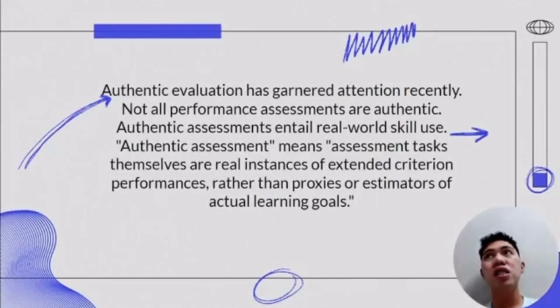It is not just about what you have learned in that lesson, but also using these tools as extended criterion performances in which you can apply what you have already learned. The tools that you will be using later on, or have already used, actually give more emphasis to what you have learned.